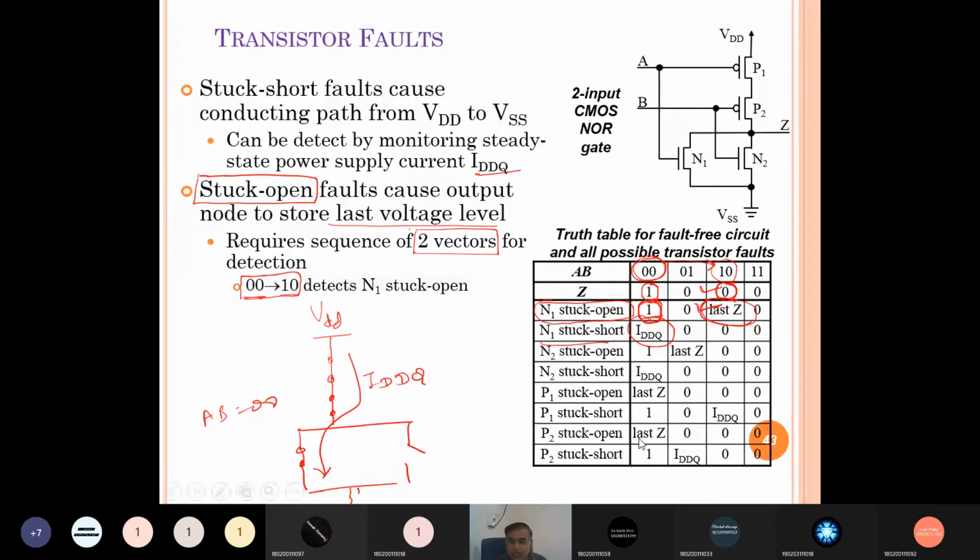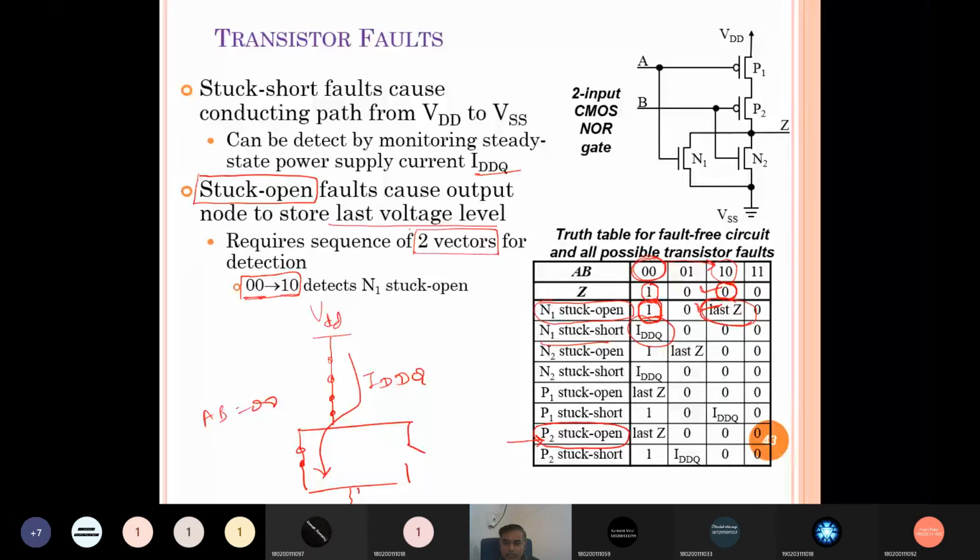Now tell me, what should be the sequence to detect the P2 stuck-open fault? How will you detect the P2 transistor stuck-open fault? What should be your test pattern input? Can it be detected using a single test pattern or do we need a sequence of test patterns, and how will you detect it?